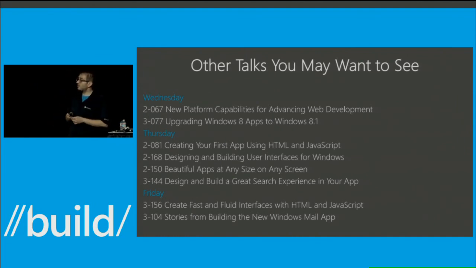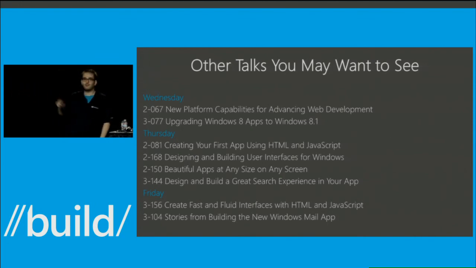Also, beautiful apps any size, on any screen. We'll talk more about different window sizes. How do you want to rearrange your UI or handle that? And you can see how all the work in WinJS 2 supports that and makes that easy for you to do. You can also dig into the search box control and learn a lot of the cool stuff that's available there. That's the design and build a great search experience in your app talk. And then finally, Friday. Actually, Paul, do I have that right? Is that Friday or Thursday? You're fast and fluid. Thursday.